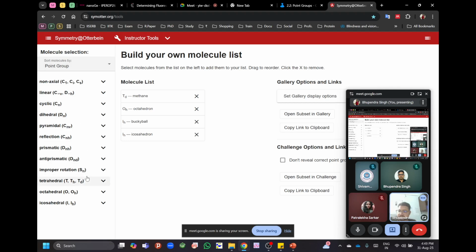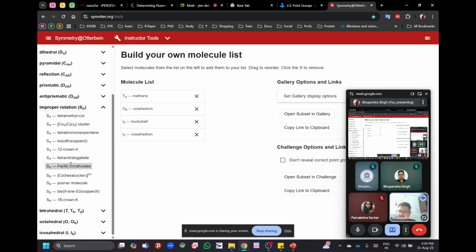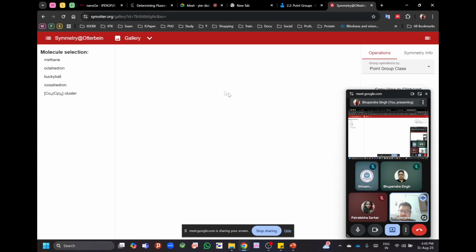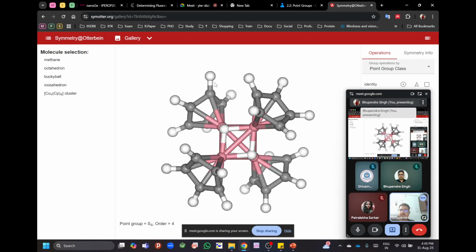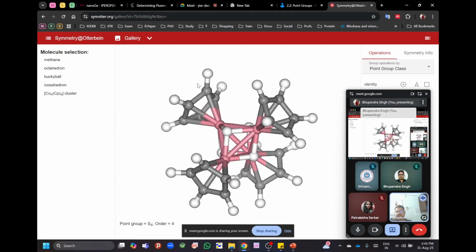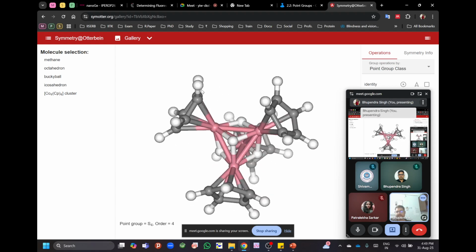I got the same structure on this website. See, the cobalt 4 Cp4 cluster looks like this.